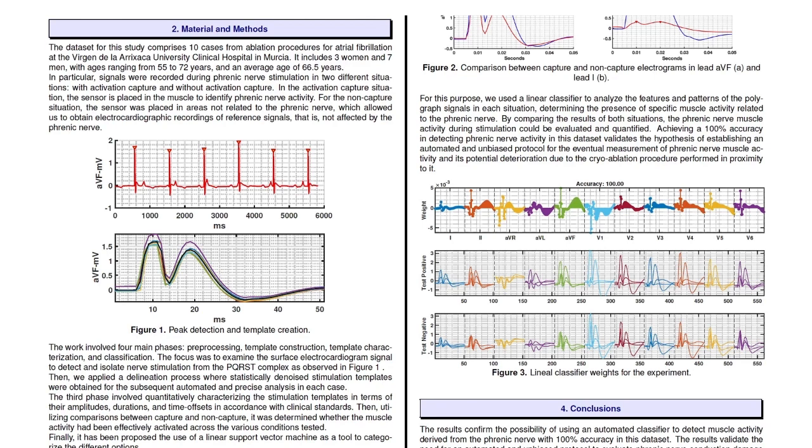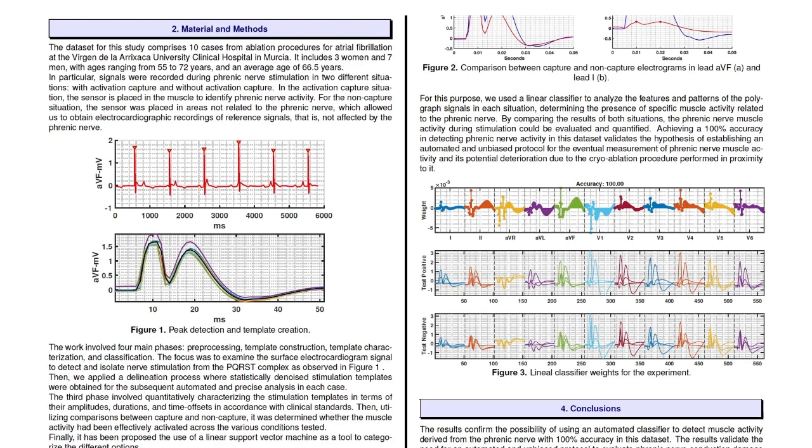The study encompassed four main phases: pre-processing, template construction, template characterization, and classification. The primary focus was on analyzing the surface electrocardiogram signal to detect and isolate nerve stimulation from the PQRST complex, as can be observed in Figure 1.